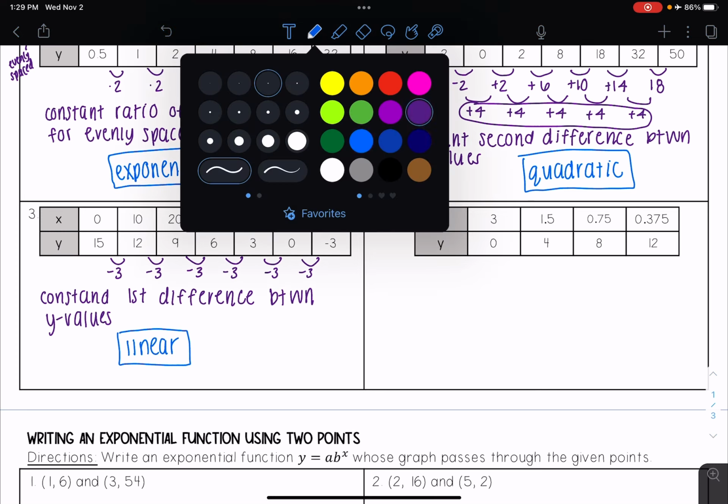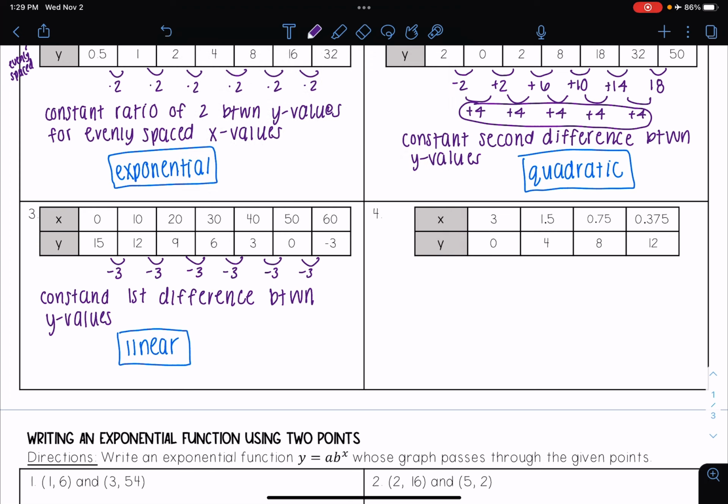And now for this last one, I see that my x values are not evenly spaced this time like the other ones. However, my y values are. I see I am going up by 4 each time. So this is evenly spaced. But then from my top here, I see to get from 3 to 1.5, 0.75, 0.375, I'm definitely not subtracting the same number each time, but I am multiplying by 1/2 each time.